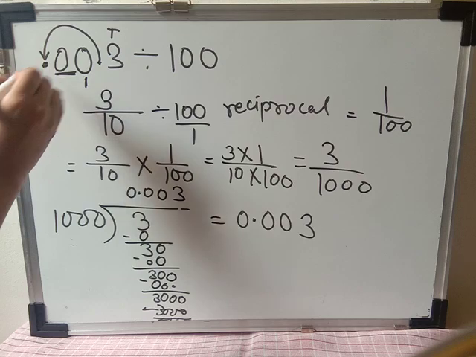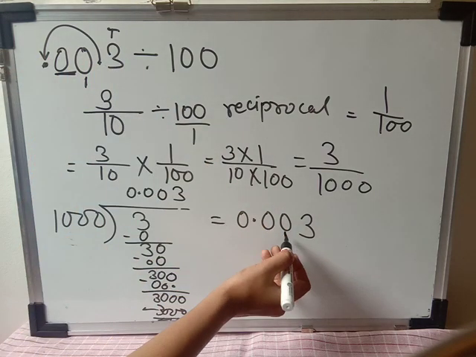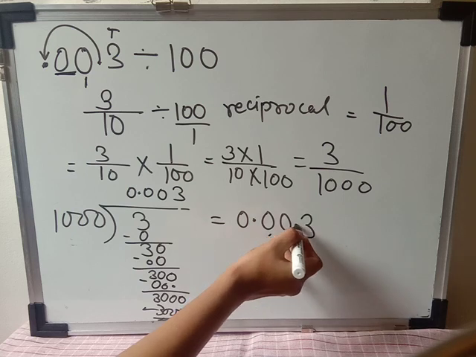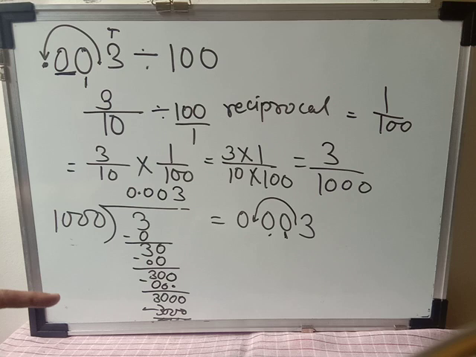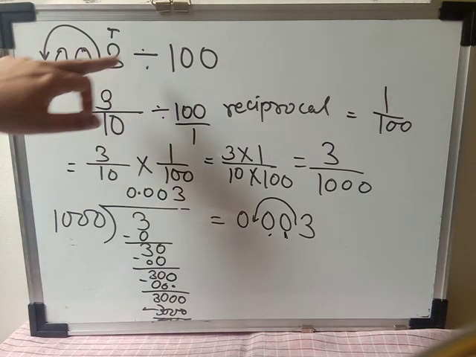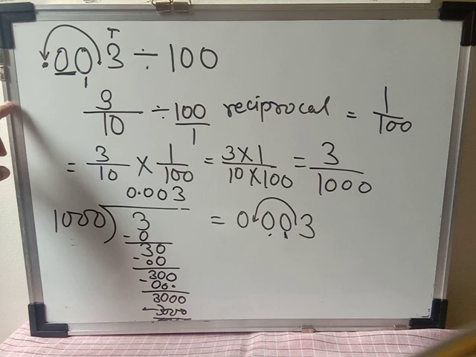See, in the answer also, this first 0 was the first 0 of 0.3 and this second 0, the decimal came from here into the answer. I hope you are now understanding what that statement means. Whenever you divide by 100, the decimal point always moves two places to the left side of the number.